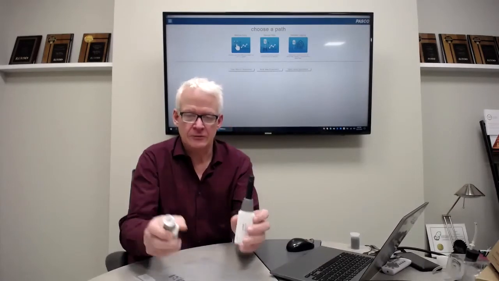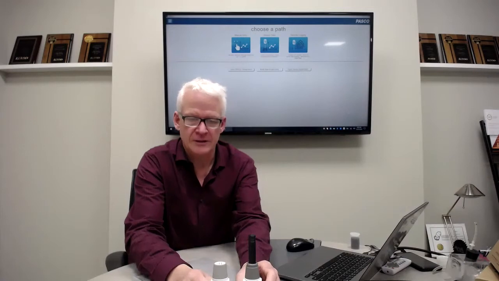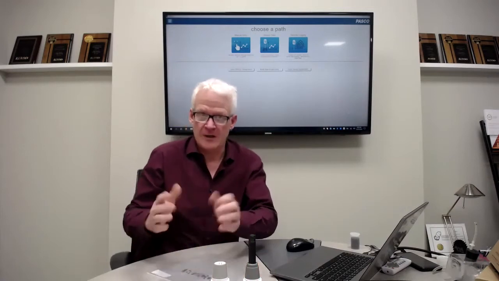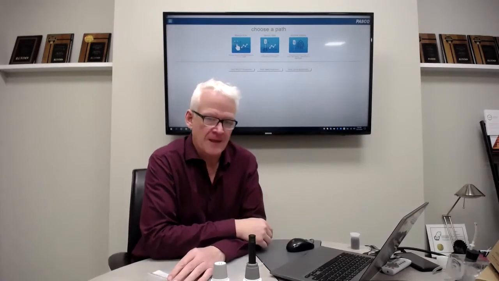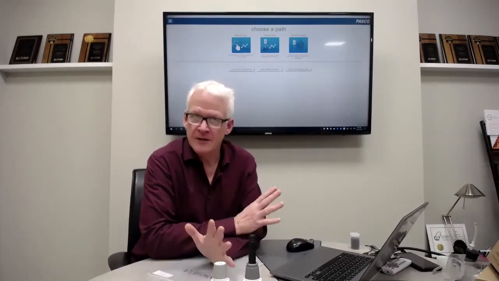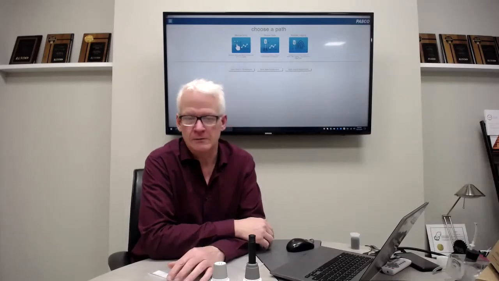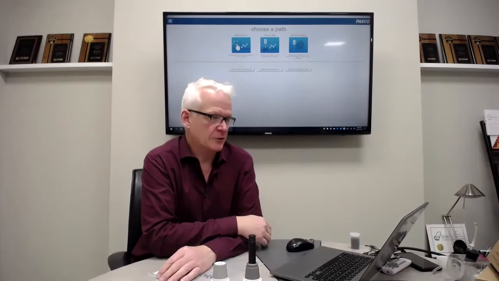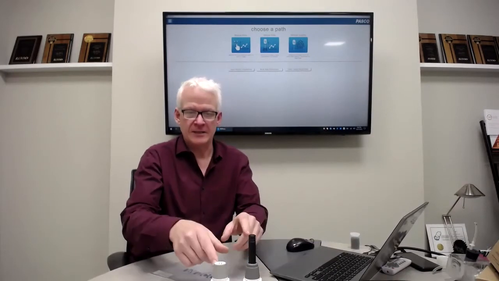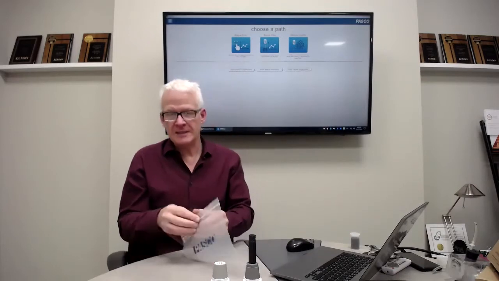But here are two great examples of how sensor technology can be developed in a way that makes it very useful to biology. The experiment I'm going to do is very, very simple, but I think you'll get ideas of different things you can do. I'm going to take my CO2 sensor and my oxygen sensor and place them in this bag.